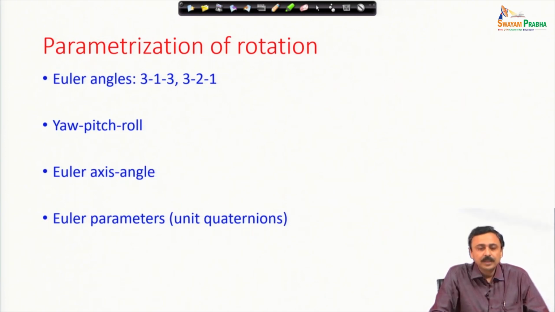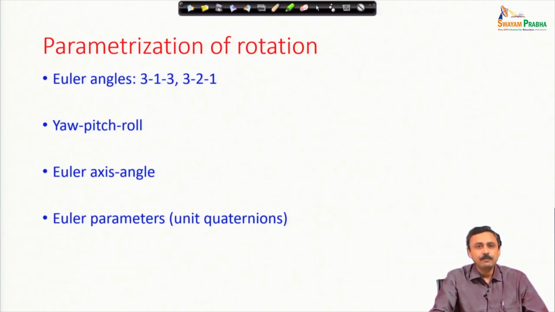Rotation can be parametrized by Euler angles. What is the meaning of parametrization? You know that a rotation can be fixed by specifying three quantities. Now, how do you find these three quantities, and what are they?